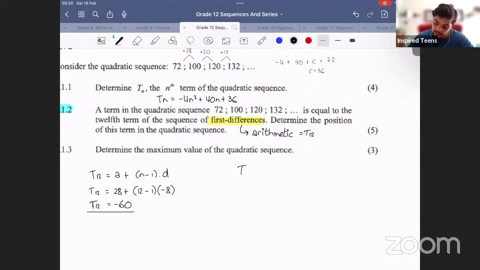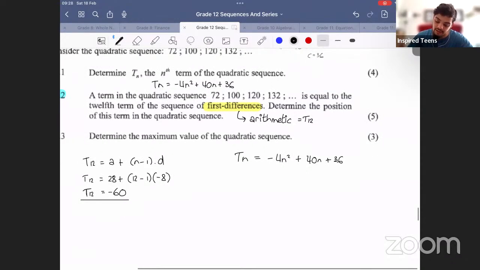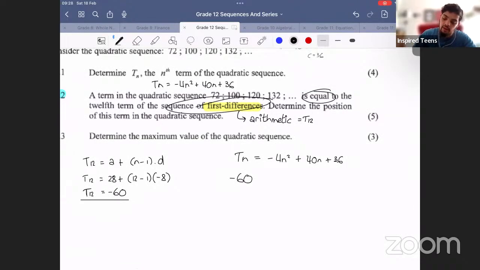So remember, the quadratic is Tn is equal to negative 4n squared plus 40n plus 36. In this case, I know that this term is equal to the 12th term in the arithmetic, which I solved for. So I know that the term in the quadratic that I'm solving for is equal to that term.